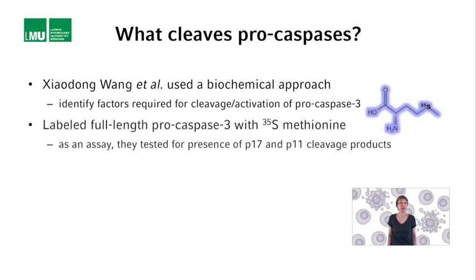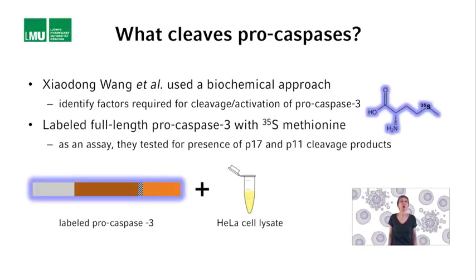As an assay, they used the cleavage of pro-caspase-3 into its P17 and P11 subunits. To that end, they in vitro transcribed and translated an S35 methionine labeled full-length pro-caspase-3 and incubated it with cell lysate generated from tissue culture cells, actually HeLa cells.